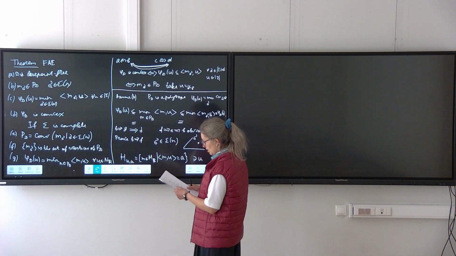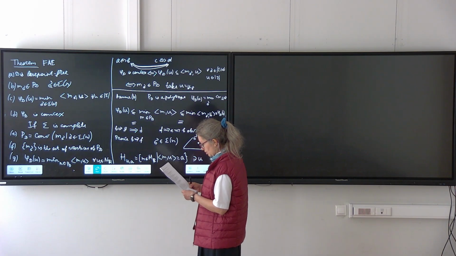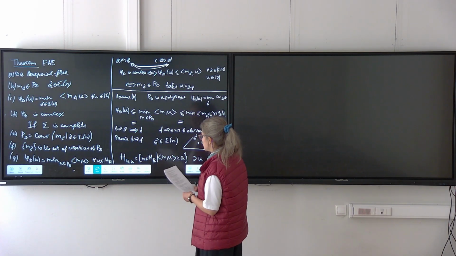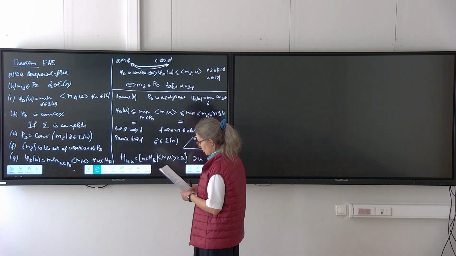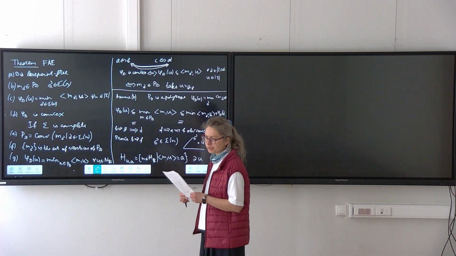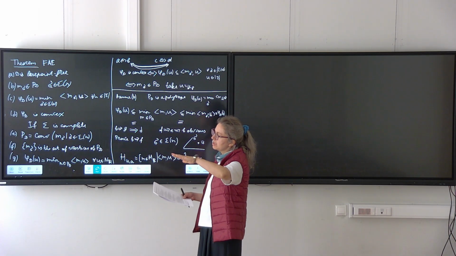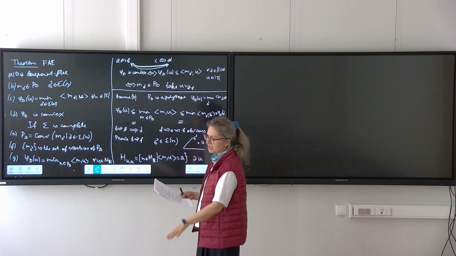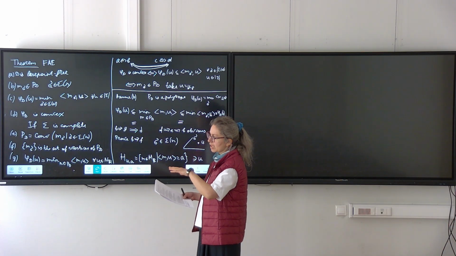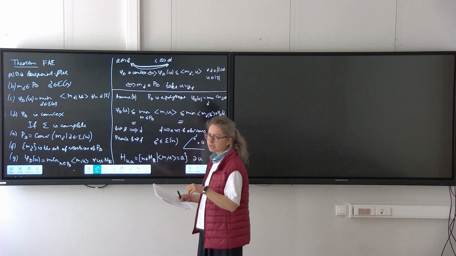And we want to show that it is a supporting hyperplane of our polytope. So a supporting hyperplane is such a hyperplane that the polytope is on one side, and it has some points in common.